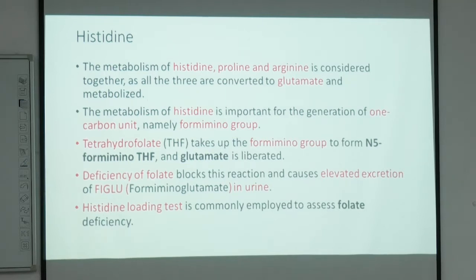So these three amino acids are converted to glutamate, and then they are metabolized. From histidine, a one carbon unit, the formimino group, is generated, and during this process, tetrahydrofolate takes up the formimino group from N5-formimino tetrahydrofolate, and glutamate is produced.